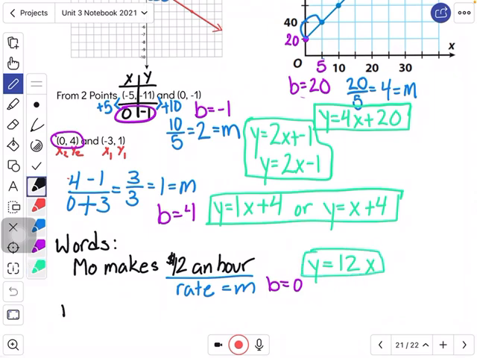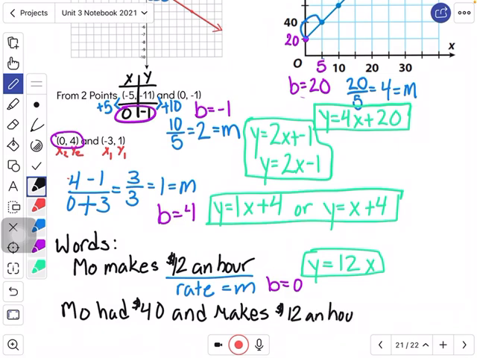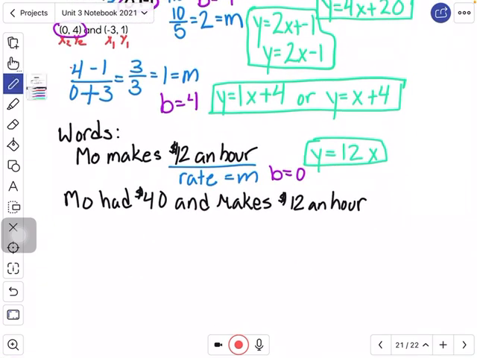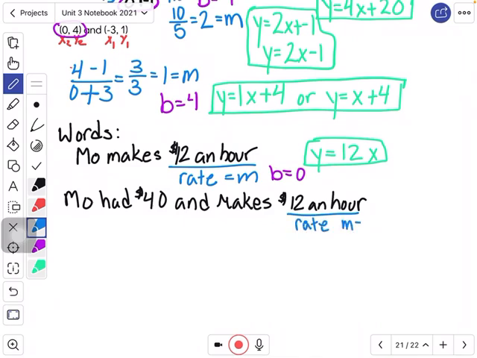If Mo had $40 and makes $12 an hour, again, the $12 an hour is your rate, so that is your slope.